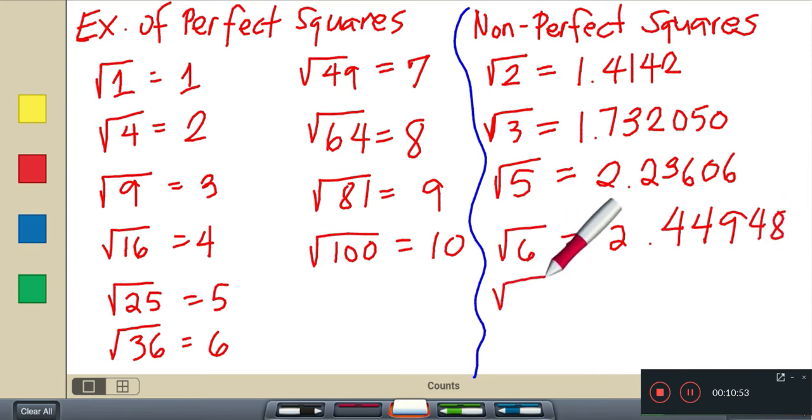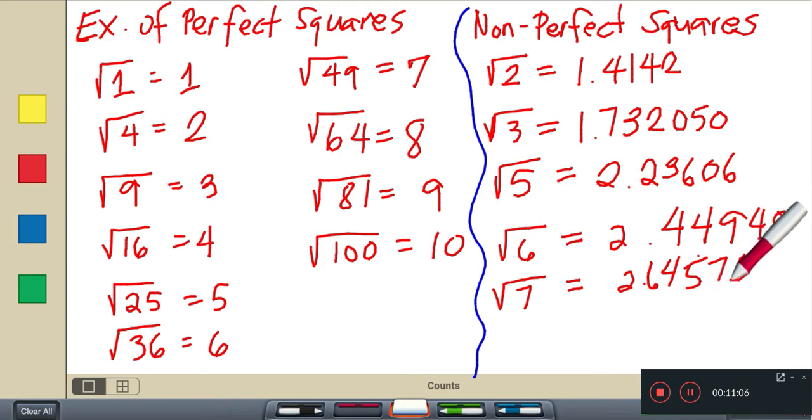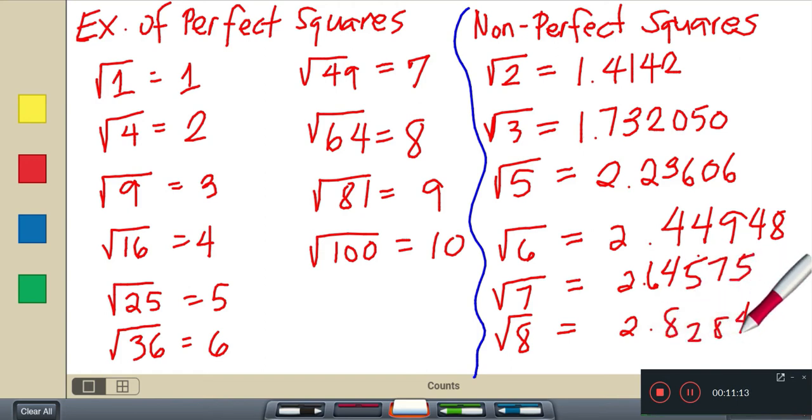Square root of 7 will be 2.64575. Square root of 8 is 2.8284, and of course square root of 9 is a perfect square. So those numbers in between square root of 1, square root of 4, which is 2, and 3, those are non-perfect squares.